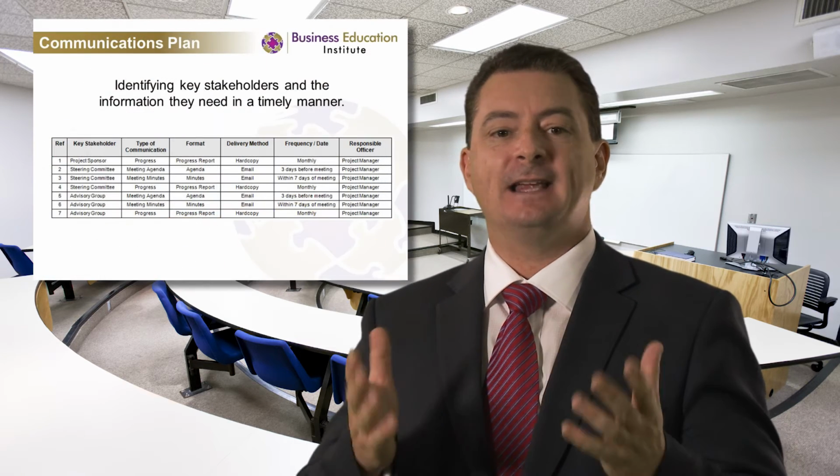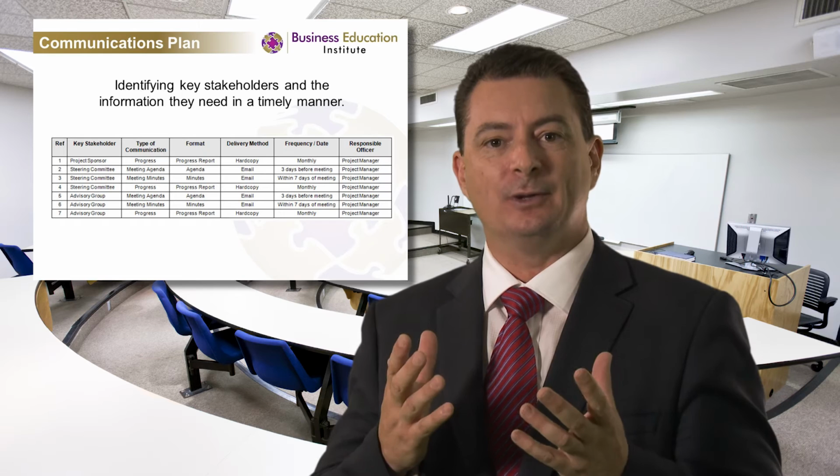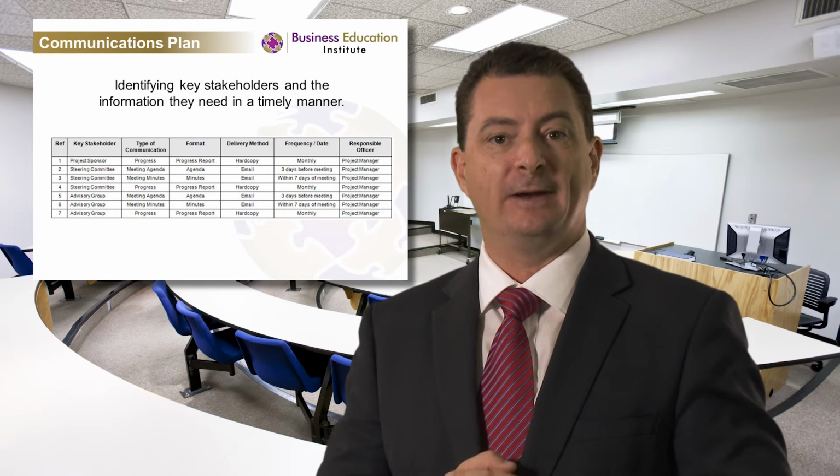Moving on to communications management. Now, communications management is absolutely critical because it really sets out the protocols, the information flows, and document management, including version control. One of the key tools we have is the communications management plan, and that sets out to look at the key stakeholders, meaning who are the key people we're engaging with.